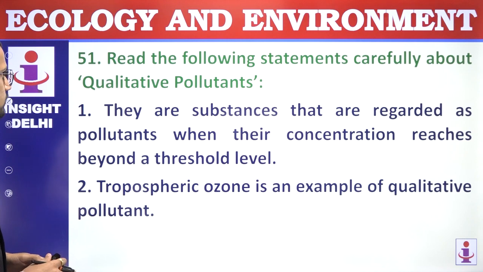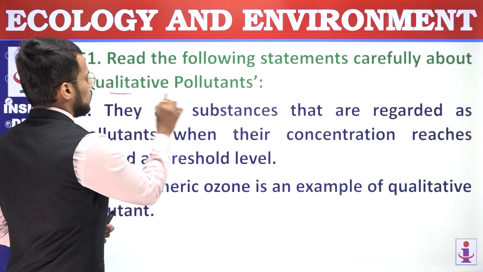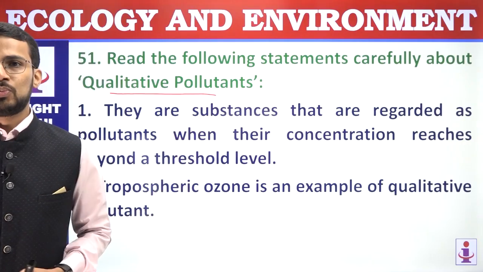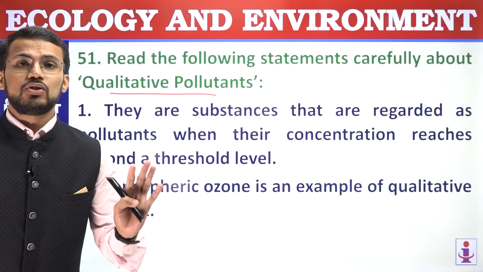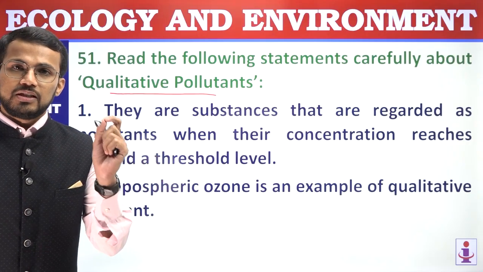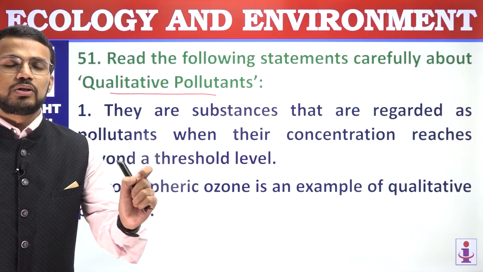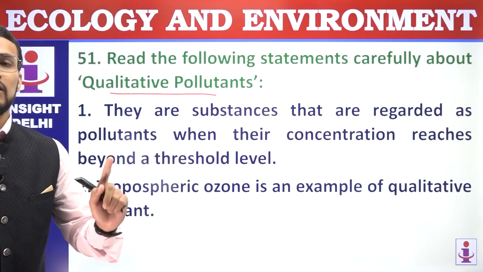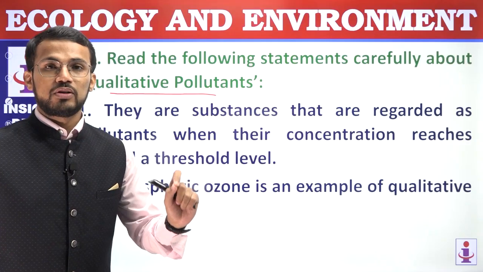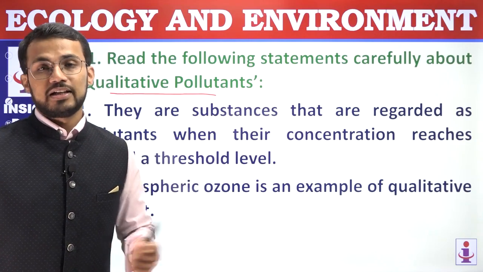Now 51. Read the following statements carefully about qualitative pollutants. What are qualitative pollutants? Qualitative pollutants are pollutants irrespective of their quantity. That means even if a small amount of that pollutant is released in the environment, it will be harmful for the organisms living in that environment, right?